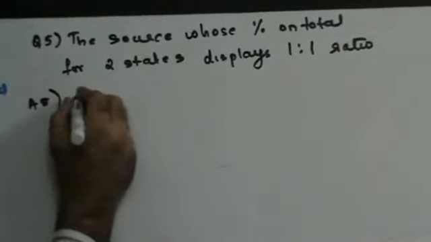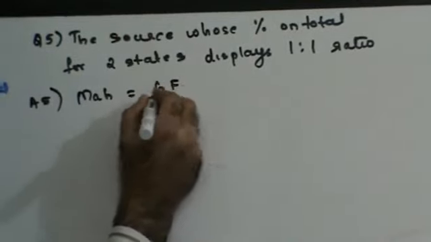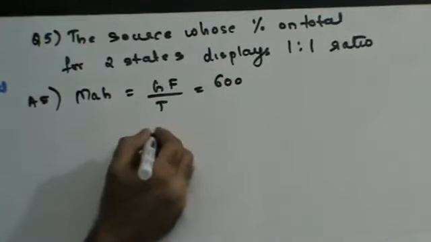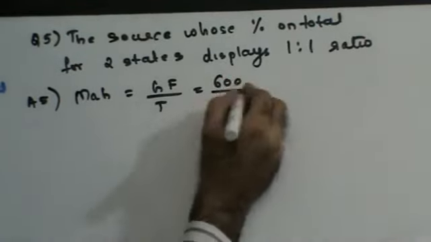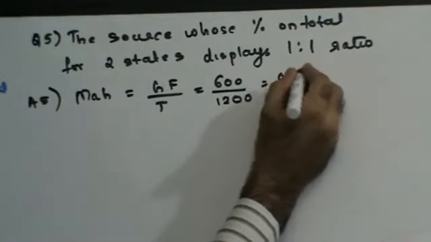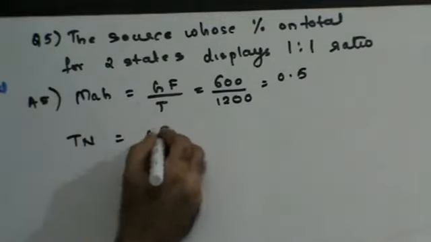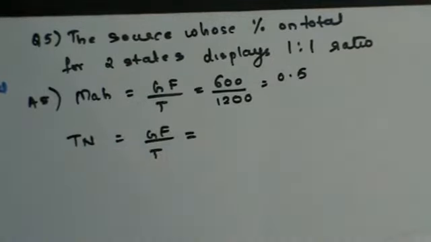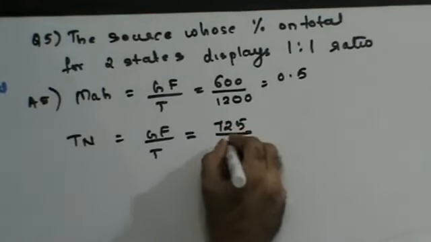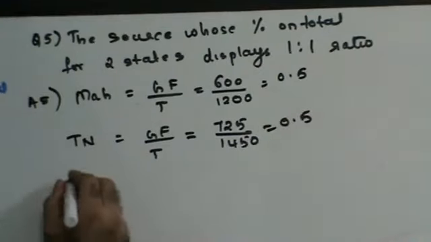For example, if I consider Maharashtra, government funds upon total will be 600 upon 1200, that is going to be 0.5. If I consider Tamil Nadu, government funds upon total is 725 upon 1450, which is again going to be 0.5.